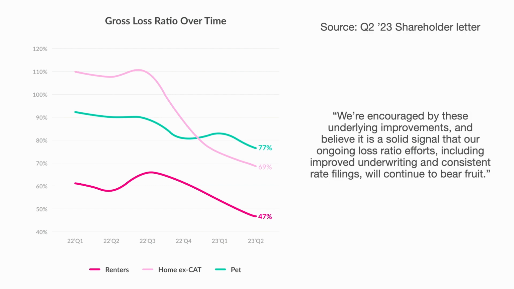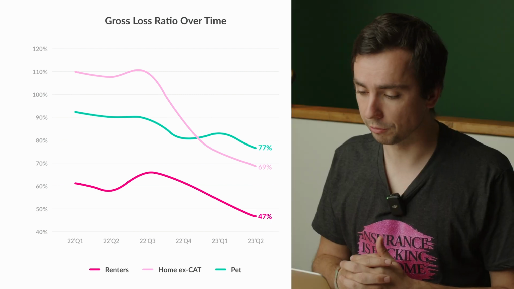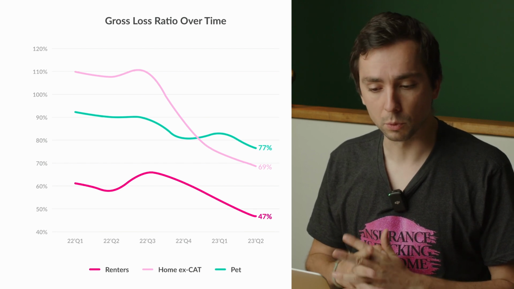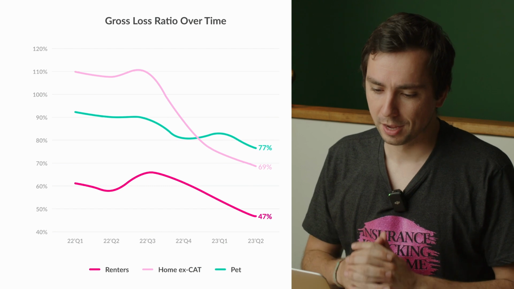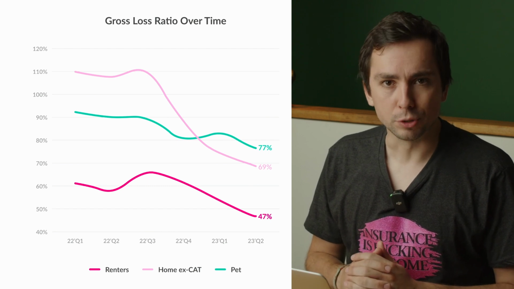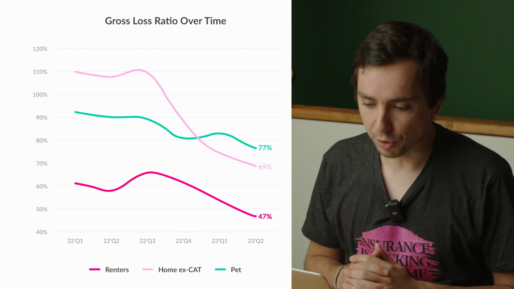They said we're encouraged by these underlying improvements, and we believe it is a solid signal that our ongoing loss ratio efforts, including improved underwriting and consistent rate filings, will continue to bear fruit. So a very positive text with a very positive graph. However, why didn't they include each product line on this graph, right?